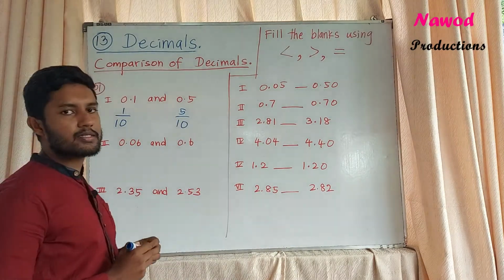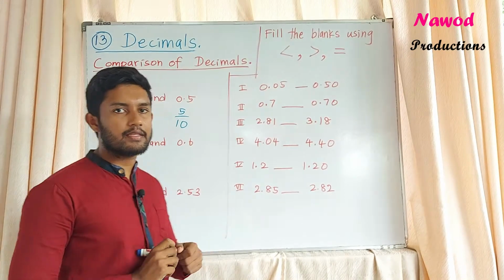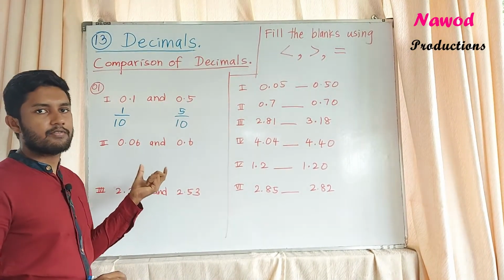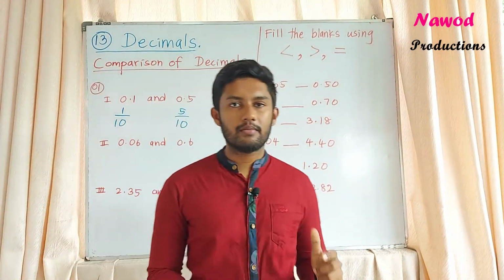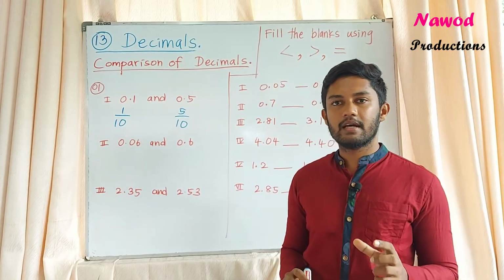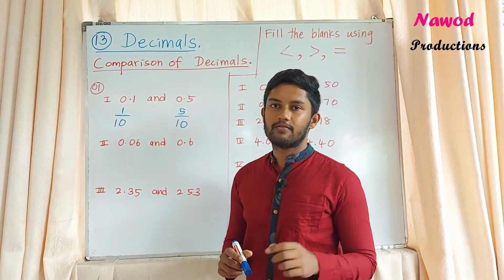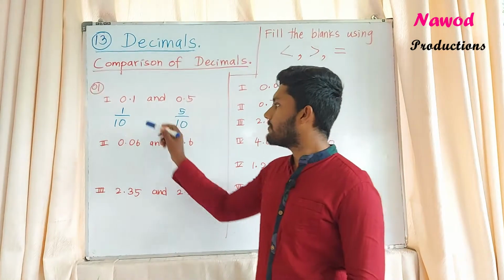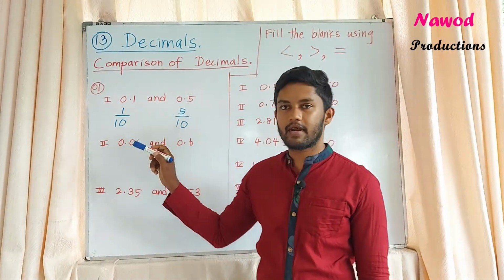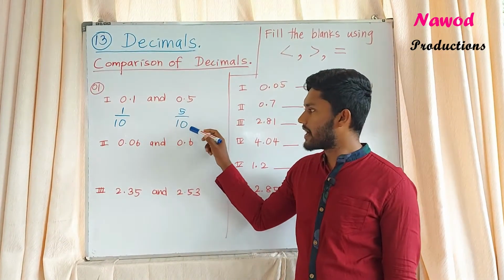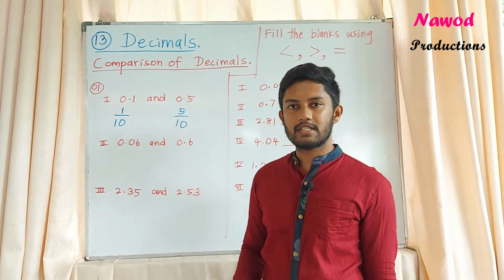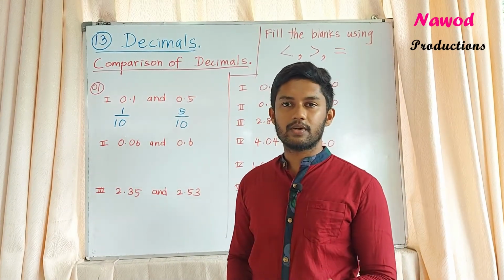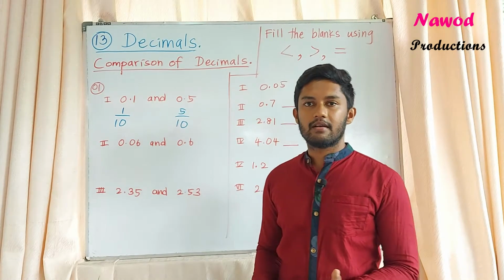Then here you must have the ability of comparing the fractions. Can you remember I told you the toffee example to compare the fractions. 1 toffee divided by 10 friends, 5 toffees divided by 10 friends. In which instance do you get the bigger piece, right?